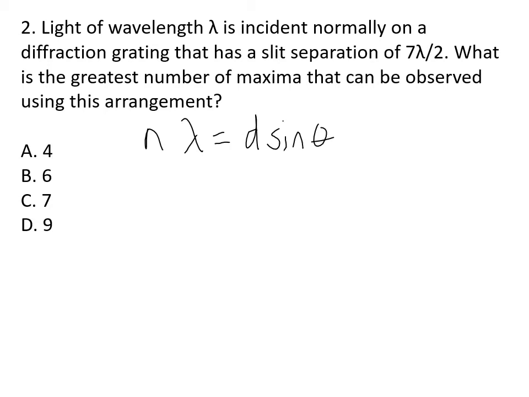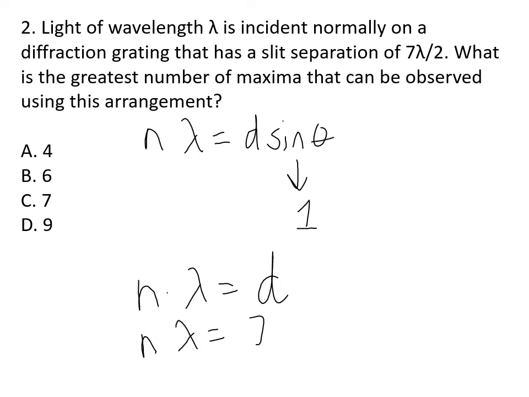The greatest number of maxima can be seen when sine of the angle is 1. Obviously sine theta is at its max at 1. That's where you'd see the maximum number. So n times lambda equals lowercase d, and we're going to look for this number n. So n lambda is equal to 7 lambda over 2.